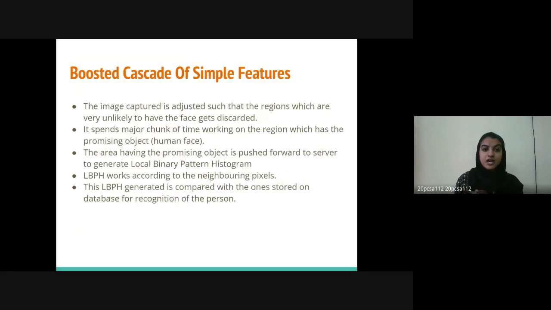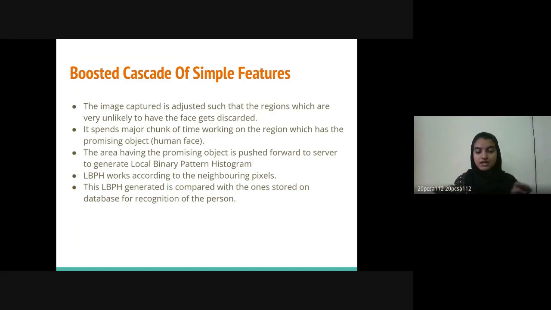And the next is the boosted cascade of simple features. In the picture, we also have some background along with the face, which is not much of a use. So this removed those background pictures.